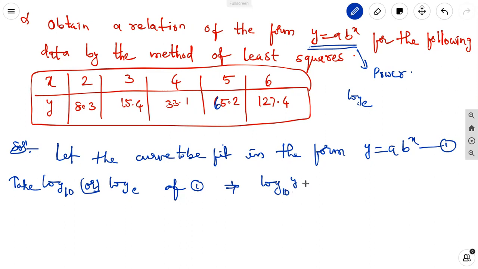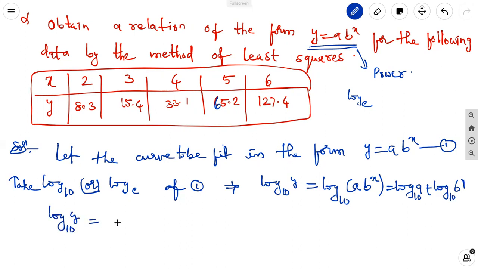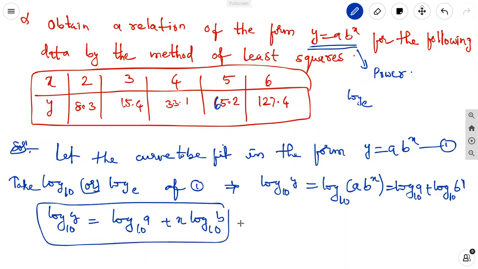Log y base 10 equal to log of a b power x base 10. It is equal to log a base 10 plus log b power x base 10. So log y base 10 equal to log a base 10 plus x log b base 10. It is the second equation.